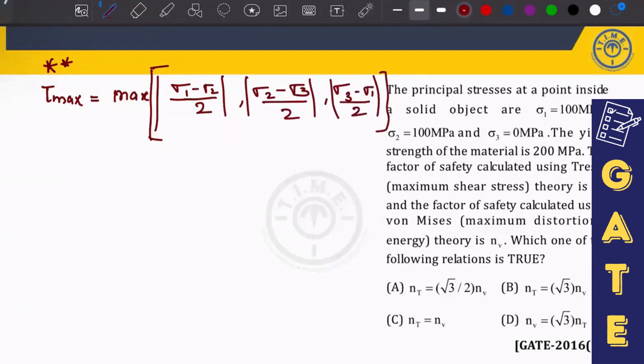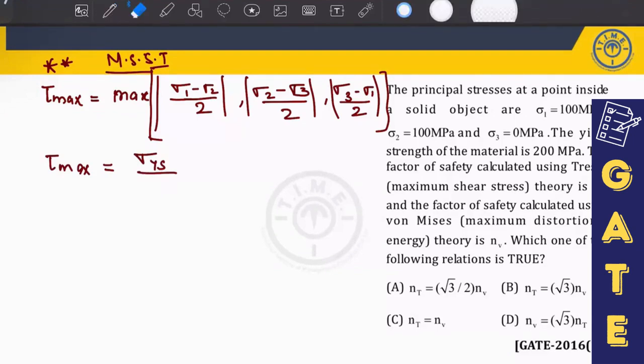This is the maximum shear stress for the maximum shear stress theory, that is Guest and Tresca, yes, the Tresca theory. Now, the maximum shear stress theory you already know, that is nothing but yield shear strength divided by n. I am using the same notation, so n for Tresca. As you know, the yield shear strength can be written as yield tensile strength divided by 2n.